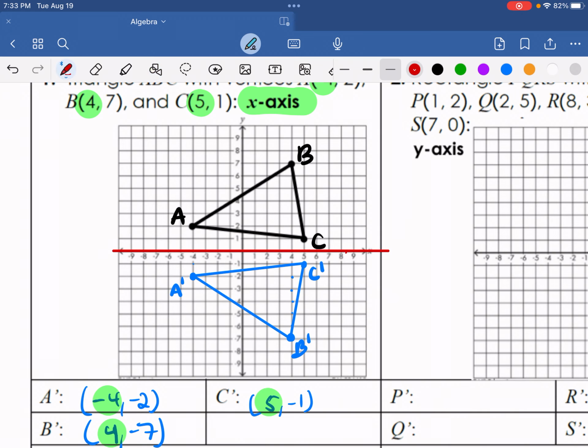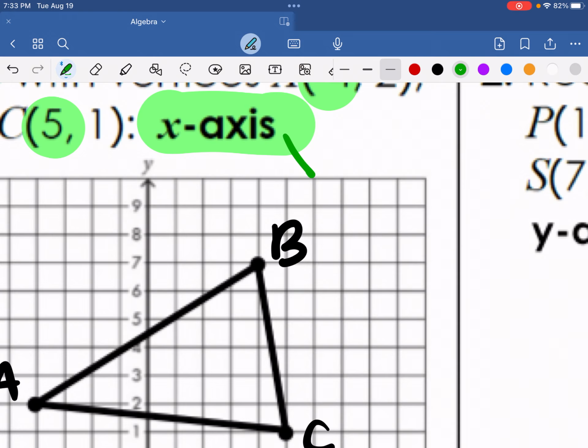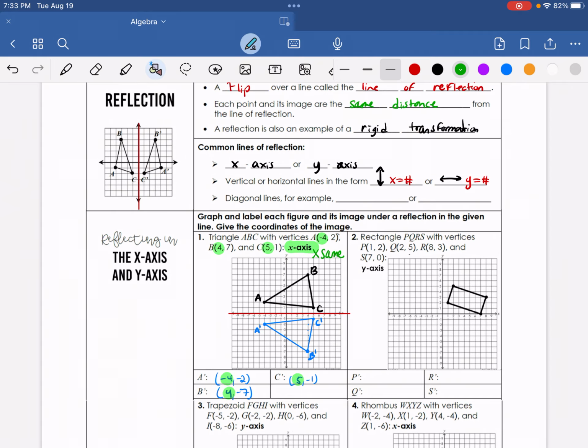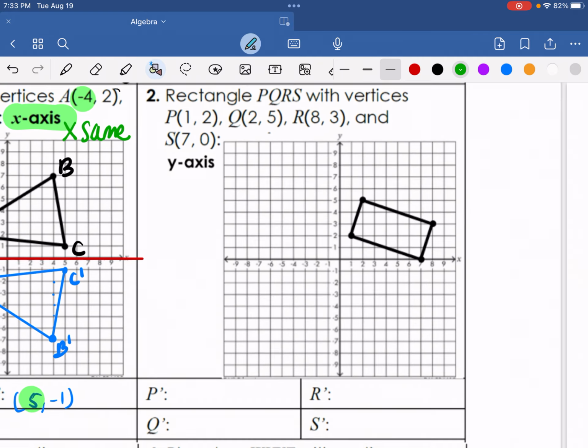But the x will always stay the same. If you flip it over the x-axis, the x is going to stay the same. If I move this line up, the x is still going to stay the same. If I move it down, the x will still stay the same. The only one that doesn't stay the same is the y. The y would change to a new number altogether. So that's how you do them.